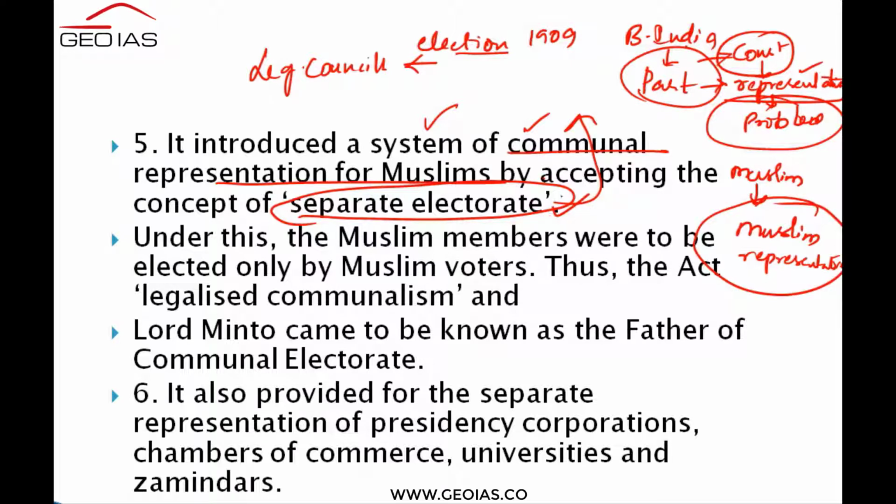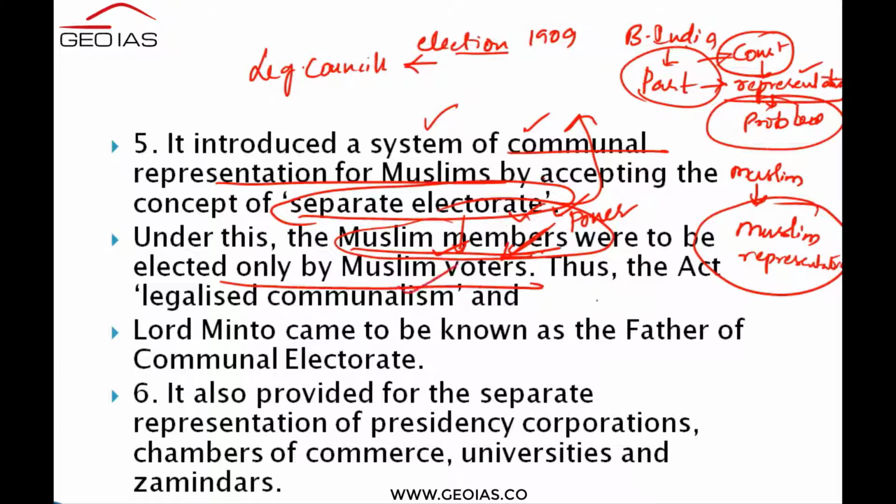Under this, Muslim members were to be elected only by Muslim voters. There was no provision for Hindu voters, no power to vote for these Muslim members. These Muslim members would be elected by the Muslim voters only.